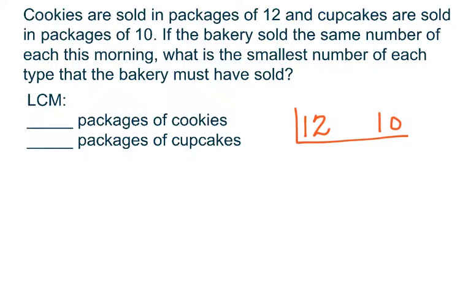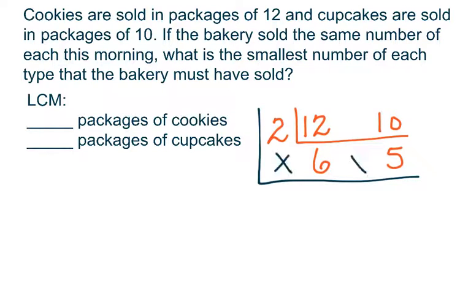All right, I'm going to do a slide, and the number that will go into both of them is 2. 2 goes into 12 6 times, and 2 goes into 10 5 times. I can't go any further. I'm going to multiply along the edge and bottom. So 2 times 6 is 12. 12 times 5 is 60. So my LCM is 60.